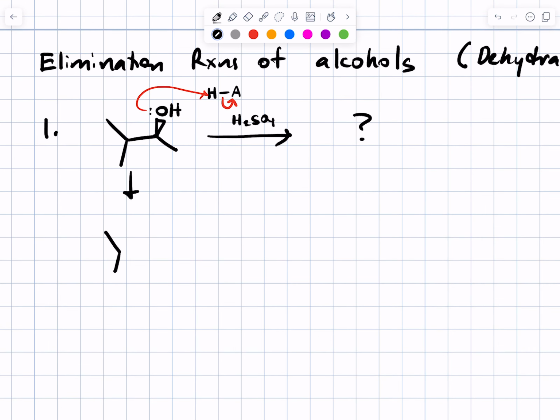That should be familiar based on what we did last time. That turns the alcohol into water, which is a good leaving group. As before, we expect the water to leave.